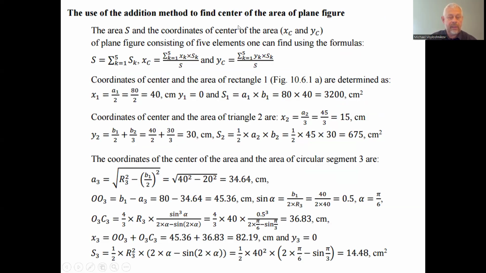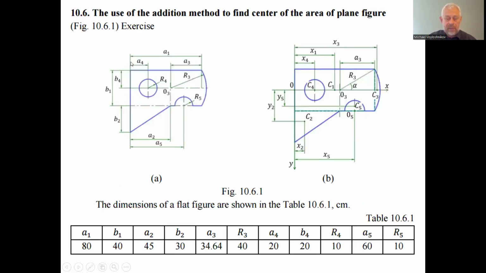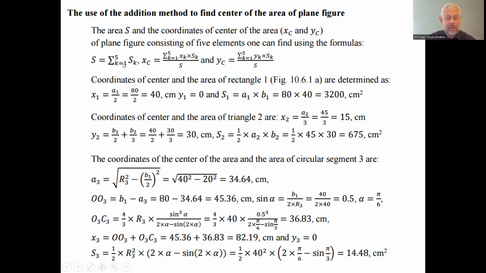A formula to find the area of this complex figure is the total of all areas, but we have to remember that the areas of the cutout parts, this neckline, we use with a minus sign. This is the formula for the abscissa and ordinate of the center of the area of the complex figure.